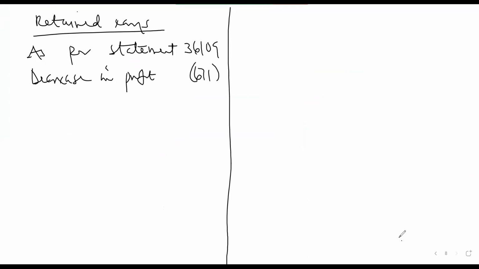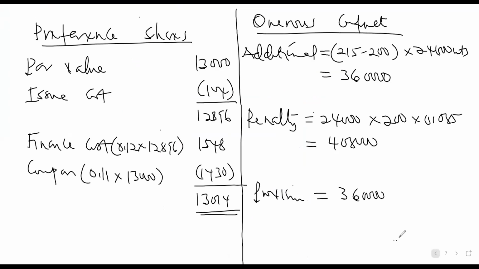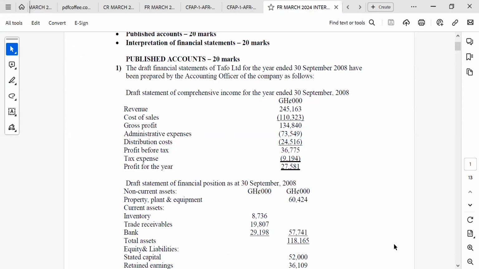What was the total dividend subtracted? It was 4,200, isn't it? Sir, please, how did you get the 671? It's the difference between the profit and the profit that was added. The retained earnings that we have in the statement of financial position is calculated based on this profit. This profit for the year will be added to the retained earnings at the beginning, then they subtracted dividend from it before getting this particular figure.